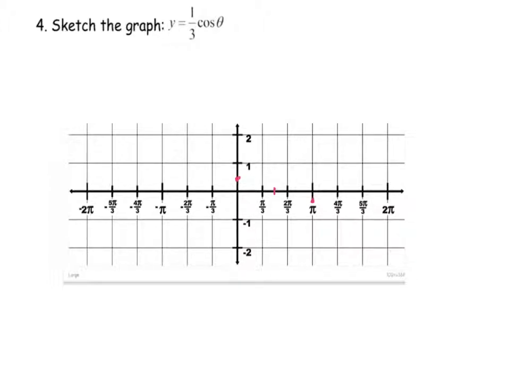And then at 3 pi over 2, again, we are going to have 0. And at 2 pi, we are going to have 1/3. So I'm going to graph a kind of shallow cosine graph. So continuing on this side, we're going to end up at 1/3.